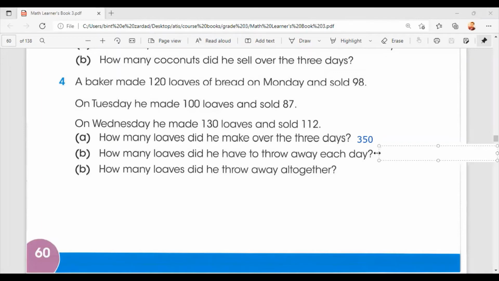On Monday, 120 minus 98 is 22. On Tuesday 13, and on Wednesday 18.